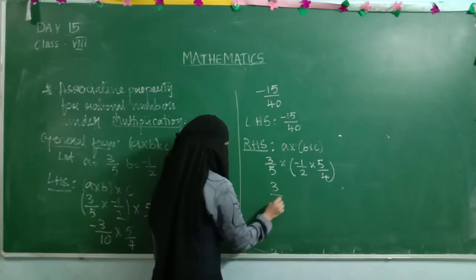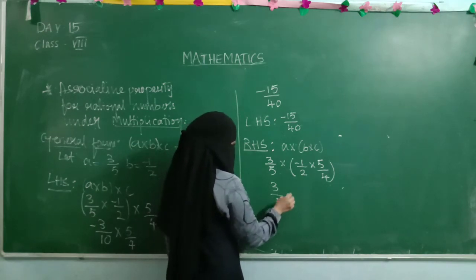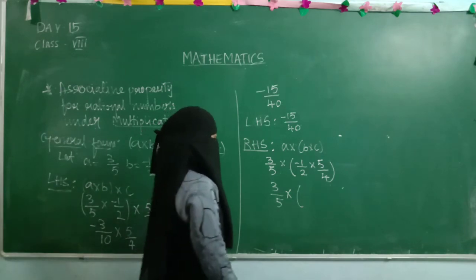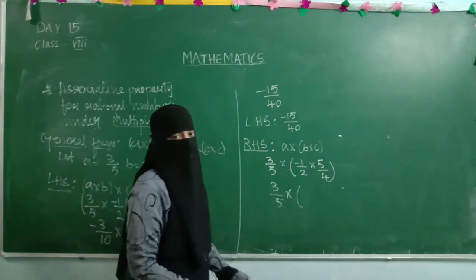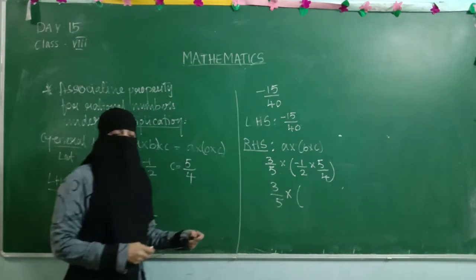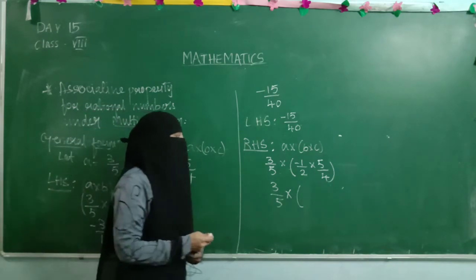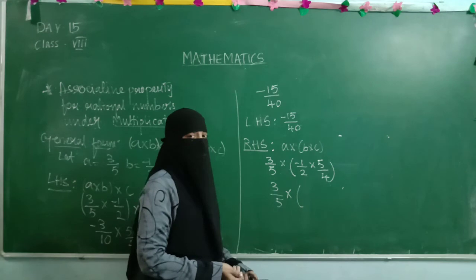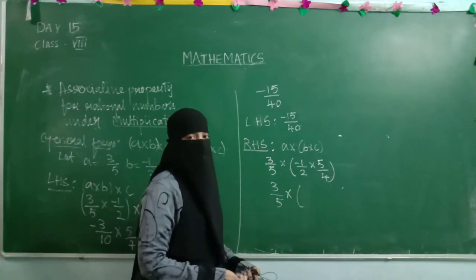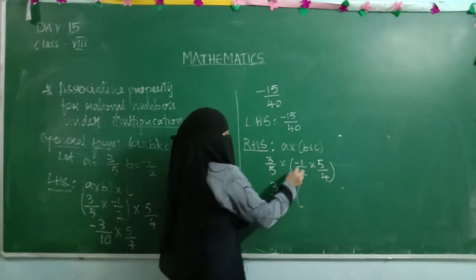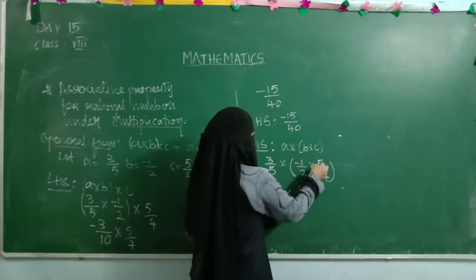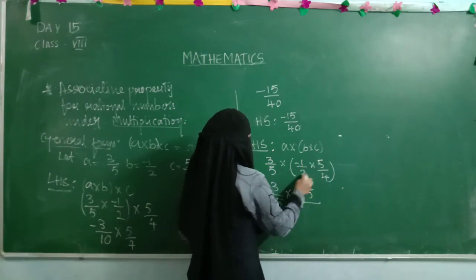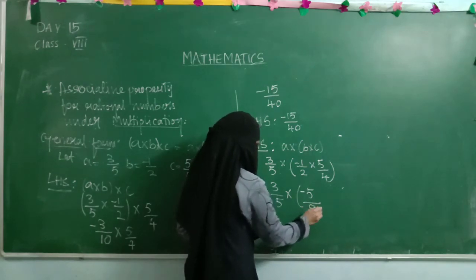Now 3 by 5 into, directly we multiply these terms. There is no need of checking whether the denominators are same or not. Based on the BODMAS rule we give priority to the brackets, so first we solve the terms within the bracket. Minus into plus is minus, 1 times 5 is 5 by 2 times 4 is 8.